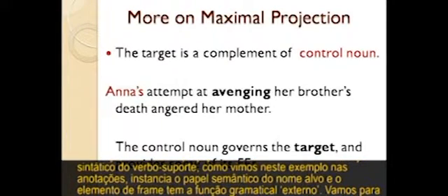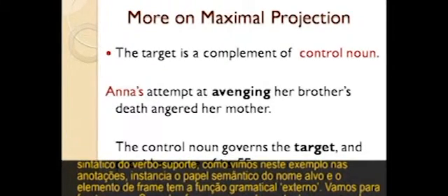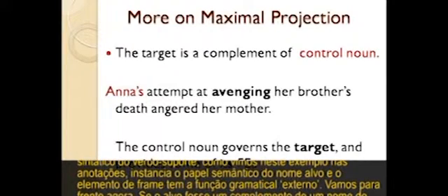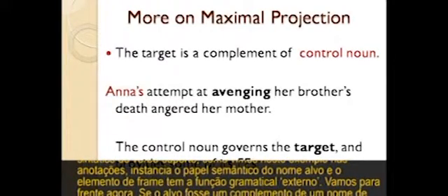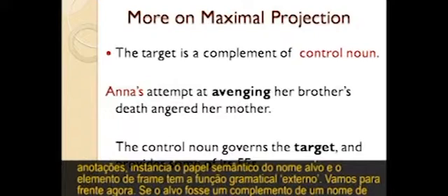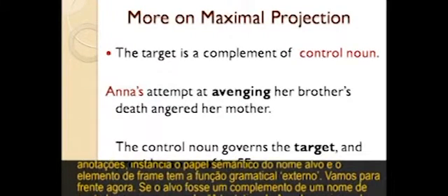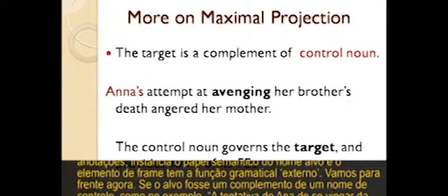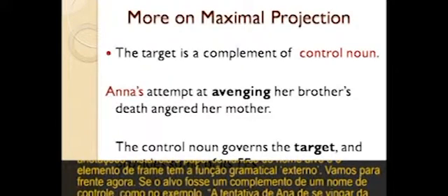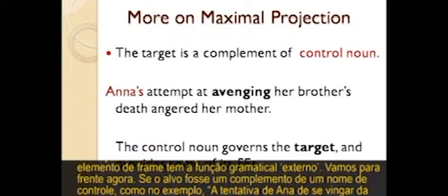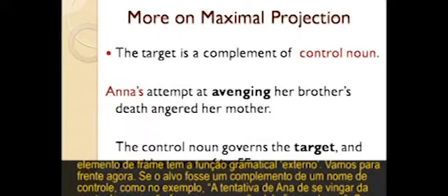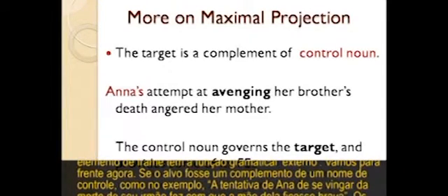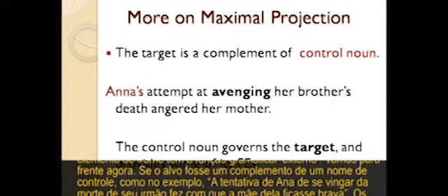What if the target is a complement of a control noun? As in the example, an attempt at avenging her brother's death angered her mother. So control nouns govern their targets, right? It's Anna.